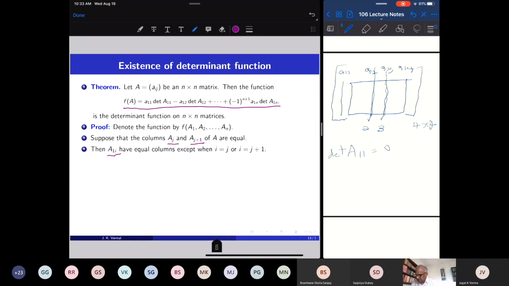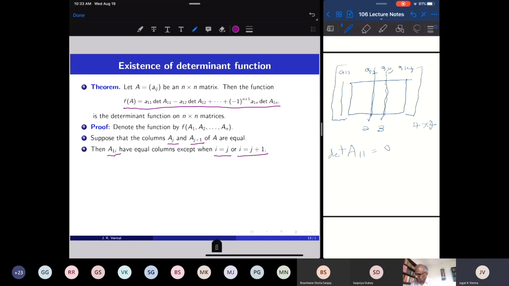Now the general statement for n by n matrices: A1i, the submatrix obtained by deleting the first row and ith column, will have equal columns except when i equals j or i equals j plus 1.